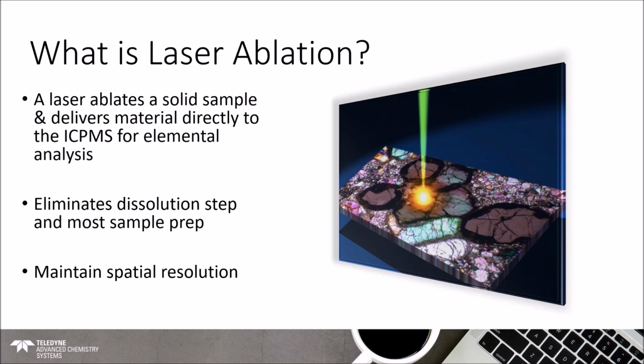What laser ablation allows us to do is start with the solid sample. So by avoiding the dissolution step, we're able to tell if one corner of the microchip has the same elemental composition as another corner, or be able to go through layers of it and analyze each individually without it being one completely dissolved sample.